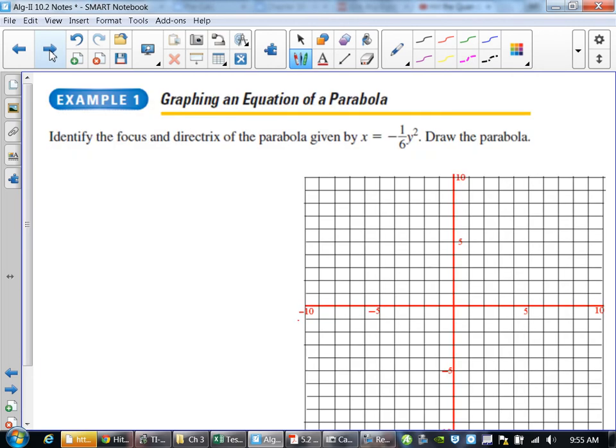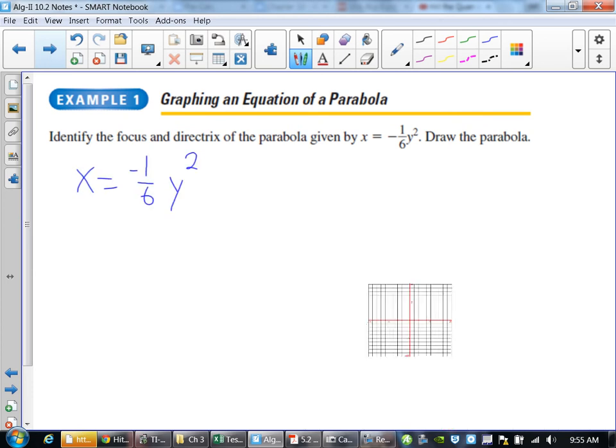Let's look at x equals negative 1/6 y squared. And I'm not going to use graphing. I'm going to walk you through how this sets up. So if I have x equals negative 1/6 y squared, you could probably tell right away that it's either going to be left or right or up and down.